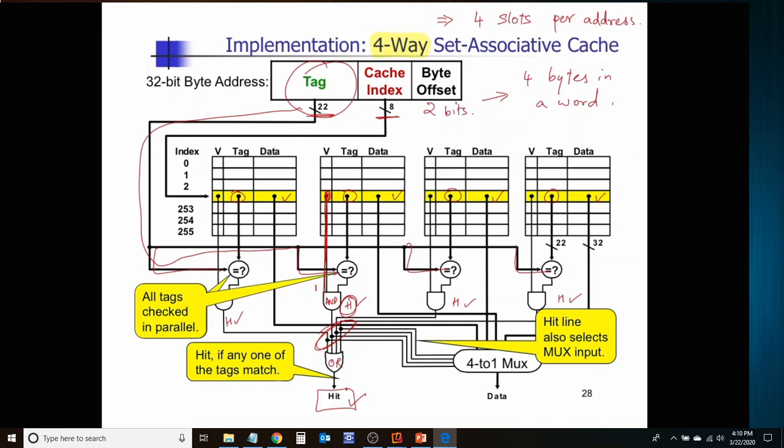Now, if we do have a hit, then we have to select which particular data out of the four is going to go through. So we need a mux, a 4-to-1 mux that selects one out of those four entries. And those entries are selected based on which hit line was active.